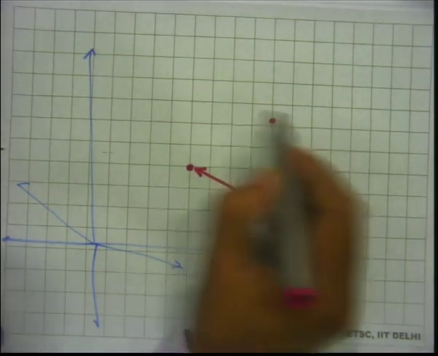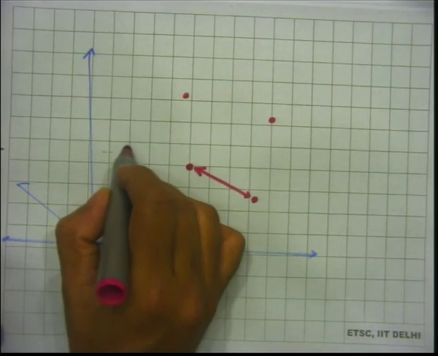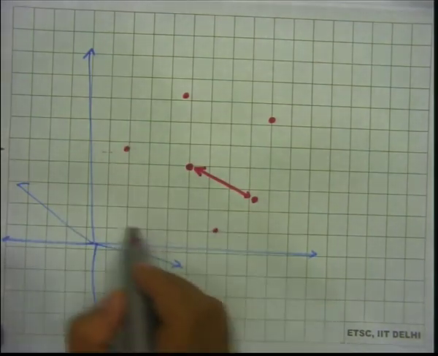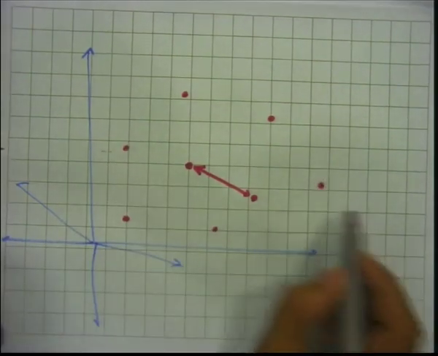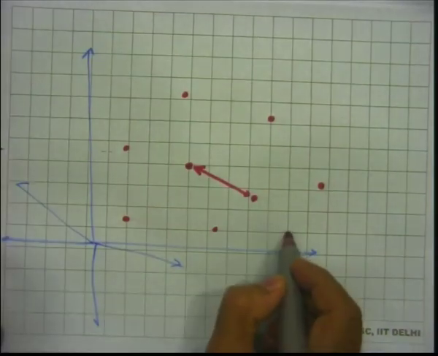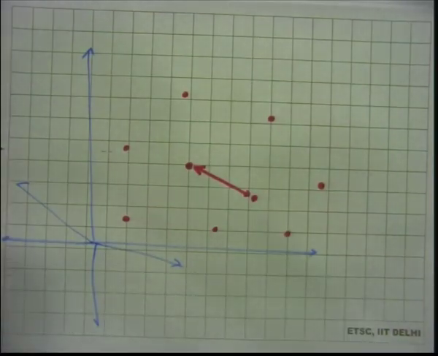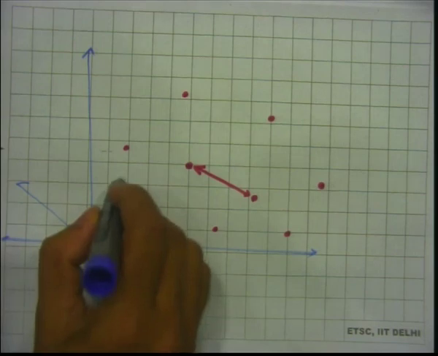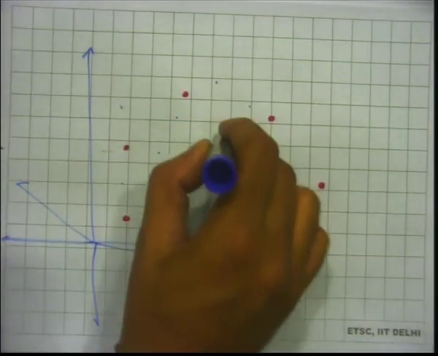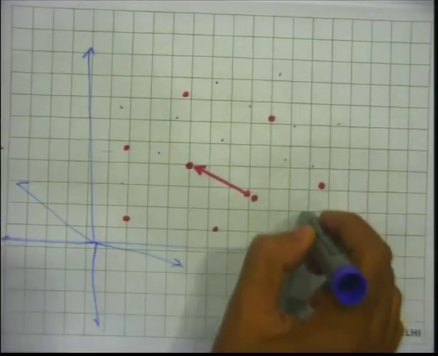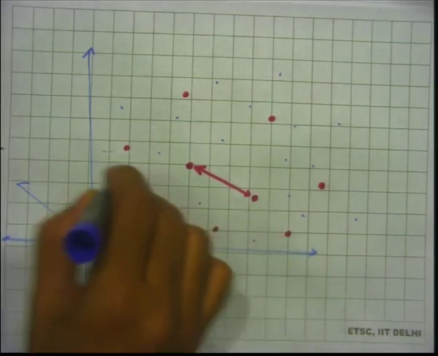So, a code is a collection of code words, and suppose in my space, even though there are many points, only some of the points have been picked to be valid code words.